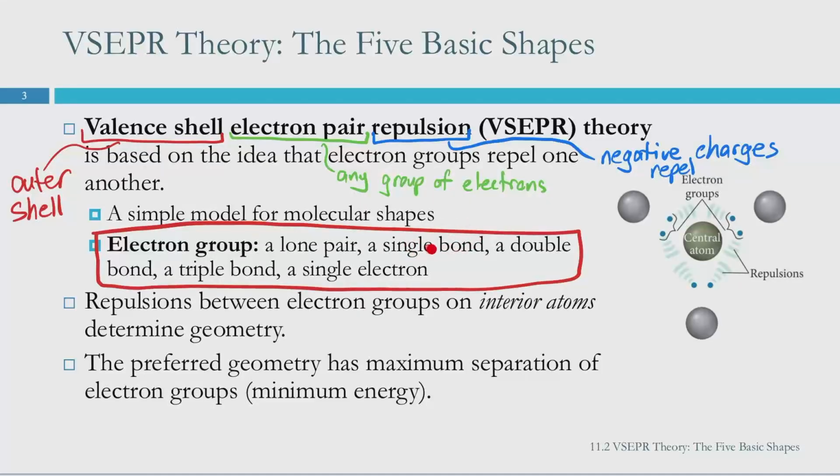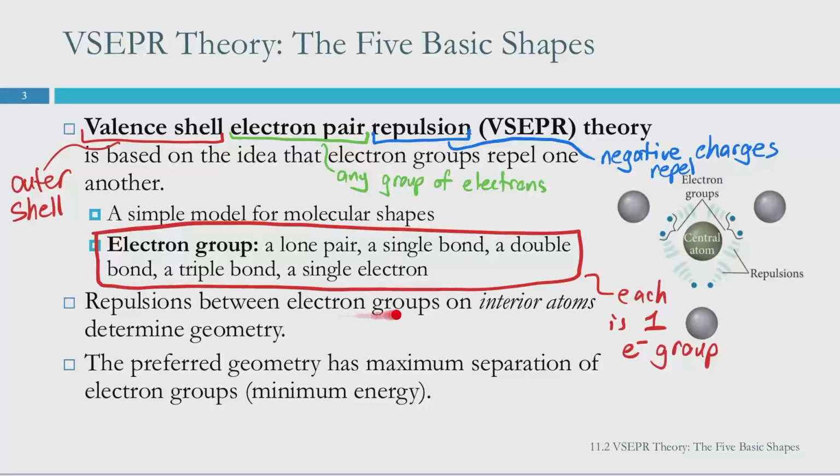It can be single bonds, double bonds, triple bonds, it can be a single electron like in a radical or an odd electron species. All of those count as one electron group. Triple bonds count as one electron group. A single electron counts as one electron group. They all count the same. They don't all behave the same, but we count them the same in terms of electron groups.